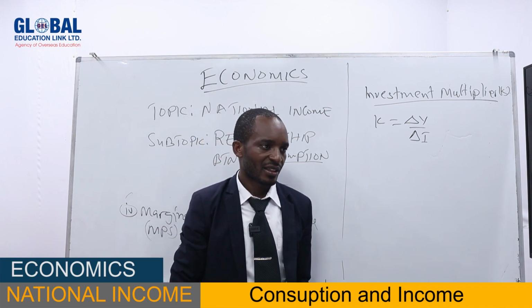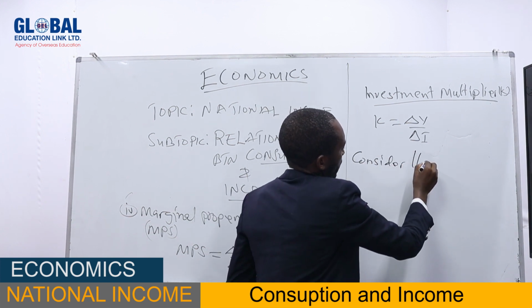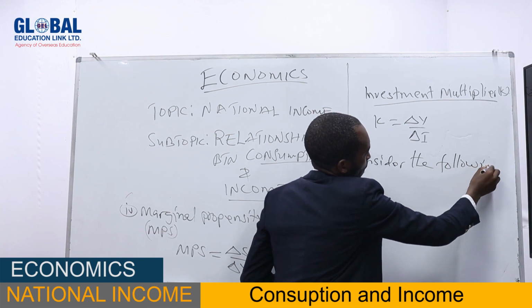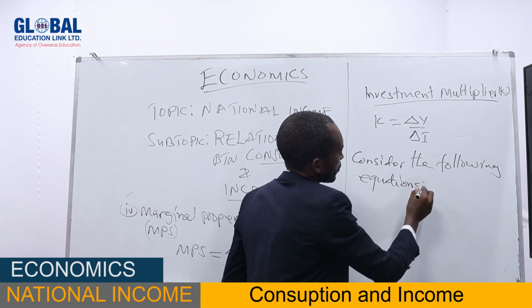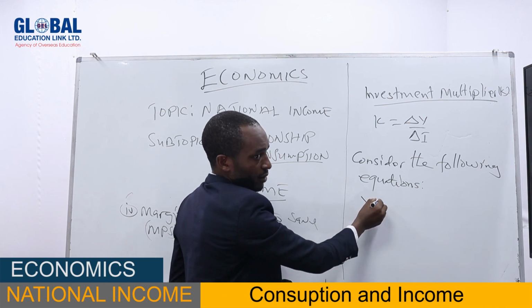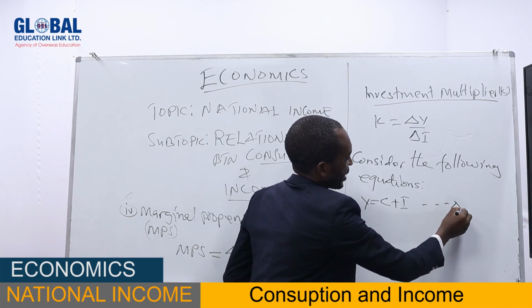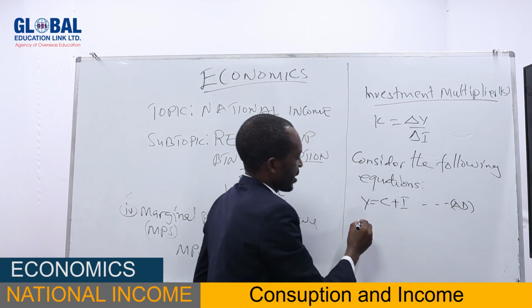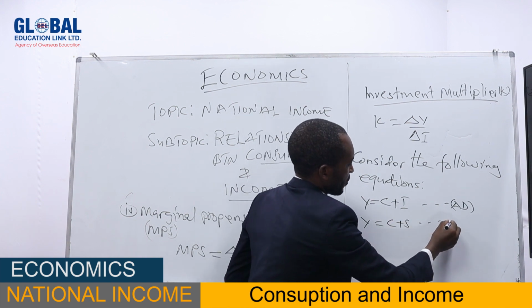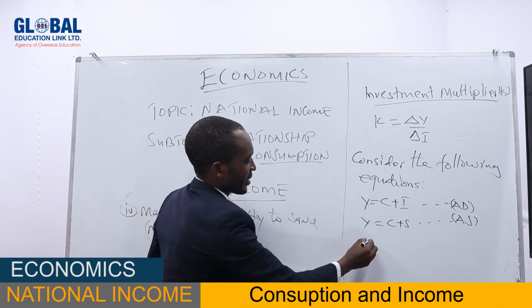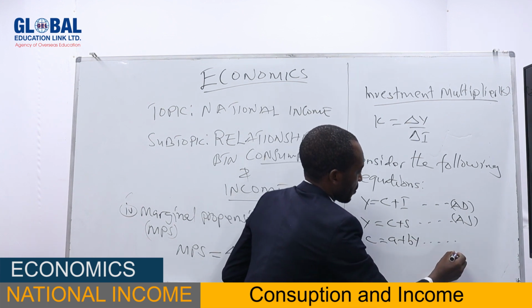Now let us derive the formula. Consider the following equations. Y equals C plus I, which is aggregate demand, and Y equals C plus S, which is aggregate supply, and C equals A plus BY, which is consumption.